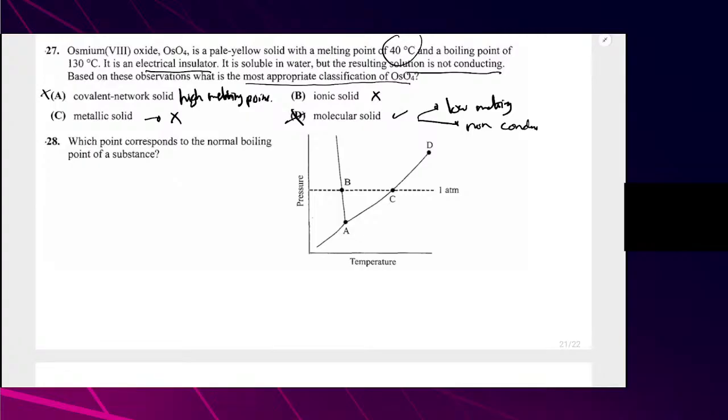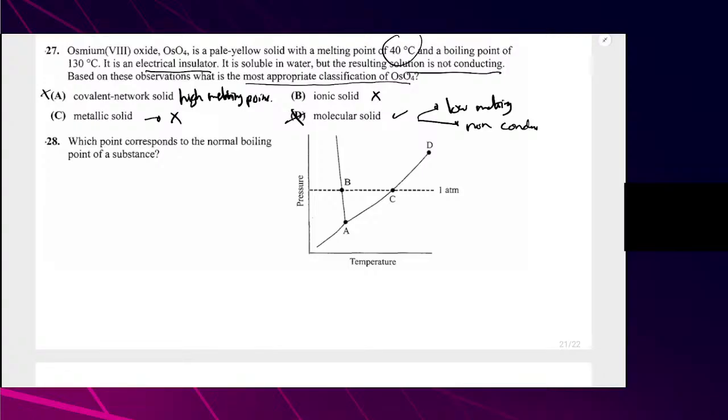All right, so number 28. Which point corresponds to the normal boiling point of the substance? Remember, boiling point is from liquid to gas.